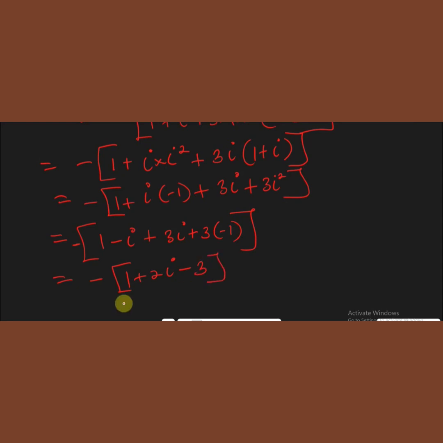Okay. Now I have this. So this is the same thing as 1 and minus 3 are actually like terms. I'll put my bracket here, minus sign, put bracket. I'm going to have 1 minus 3 is going to be minus 2, because you're subtracting the big from the small, then plus 2i.